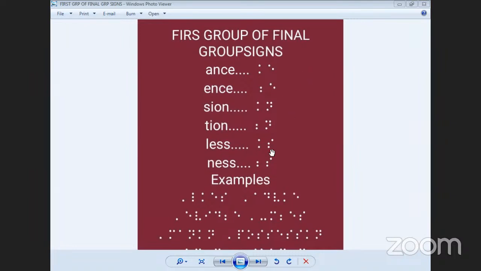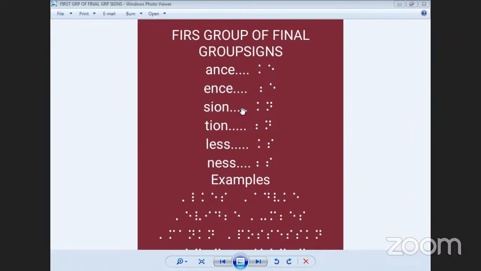Now, having said that, I will repeat that we are looking at the first group of final group signs. The first is ance, which is dot 46E. The second one is ence, dot 56E. The first pair is gone.